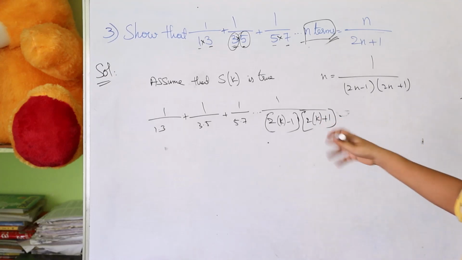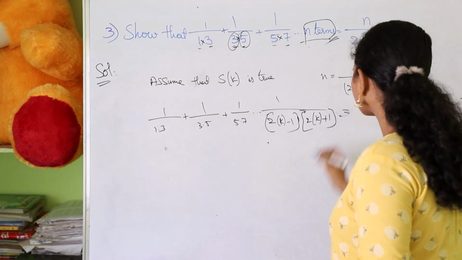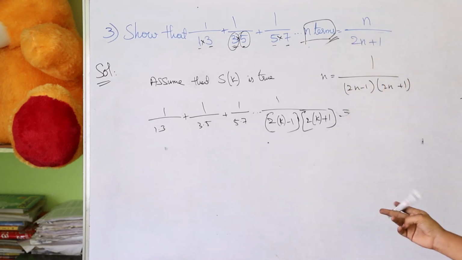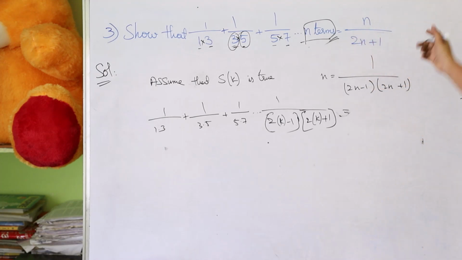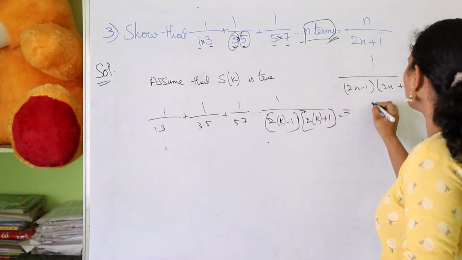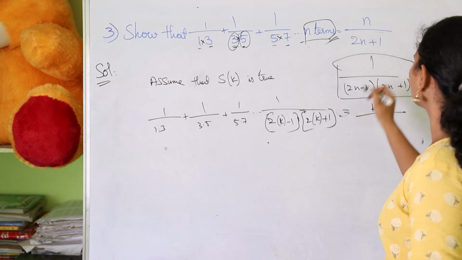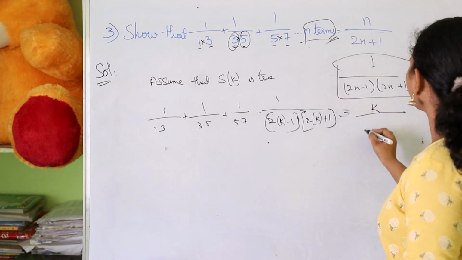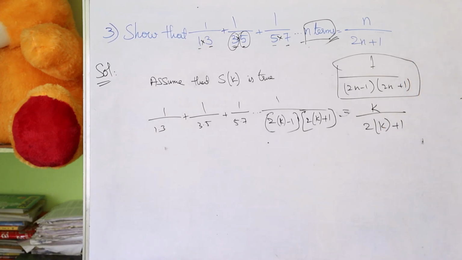Clear? Now what happens here? I have the other formula that the RHS said. Instead of n, you take k, so k by 2k plus 1. This is equal to it. This is the equation that we got.